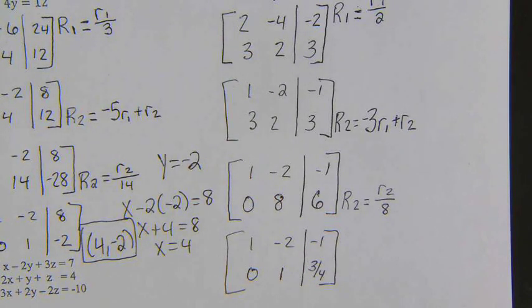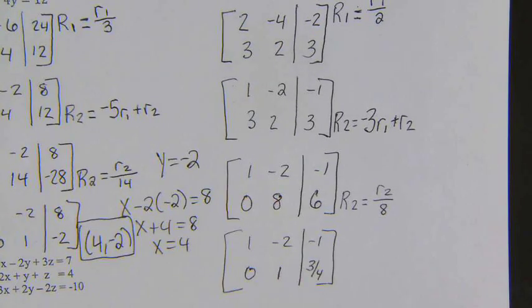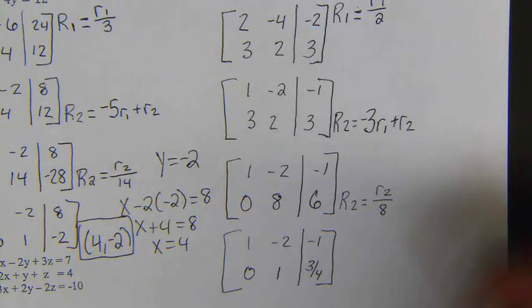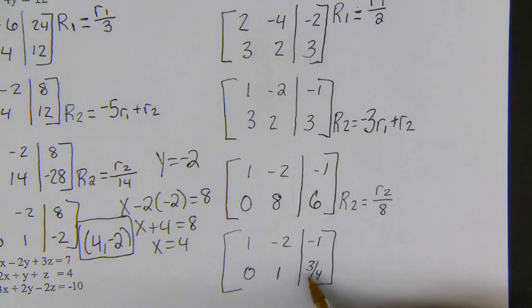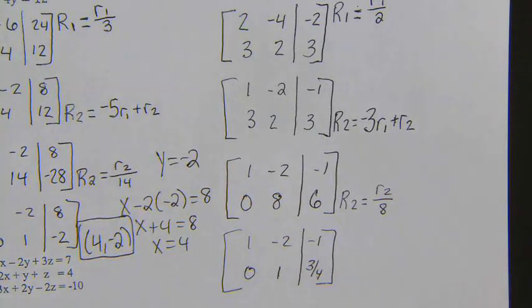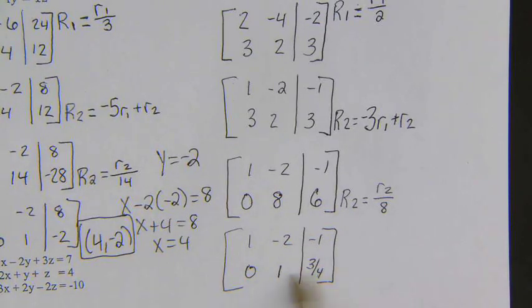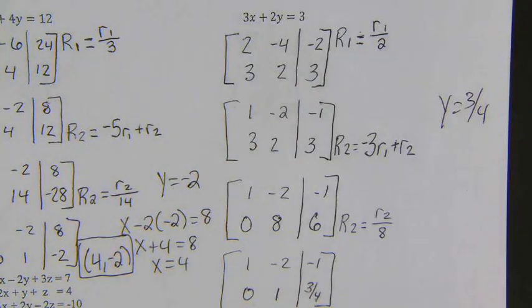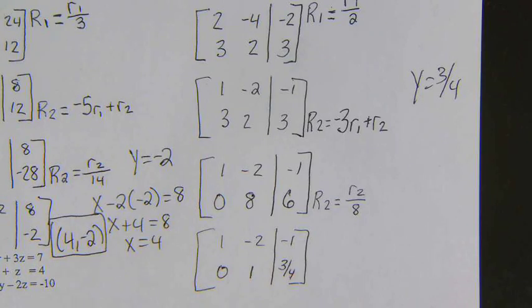One good thing about this method as compared to the old-fashioned substitution and elimination is that if you do get a fraction answer like this, it doesn't matter. It doesn't make it any harder because this is our answer. So we say y equals 3/4. Plug that back in to our top.